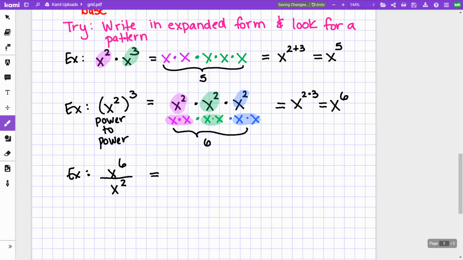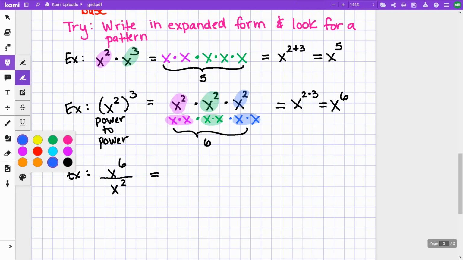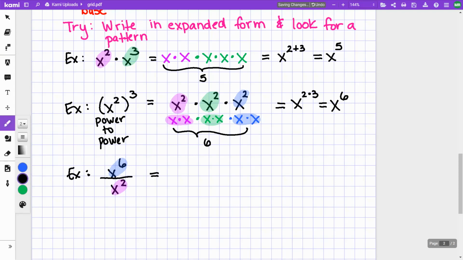So what I'm going to do is write off the top as x to the 6th and the bottom in expanded form for x to the 2nd.